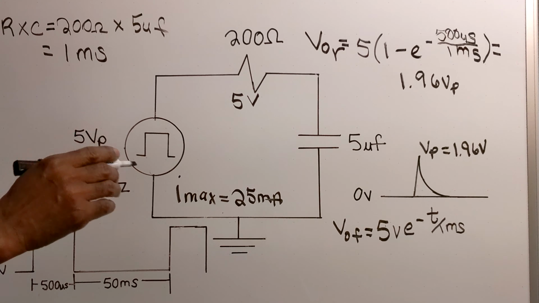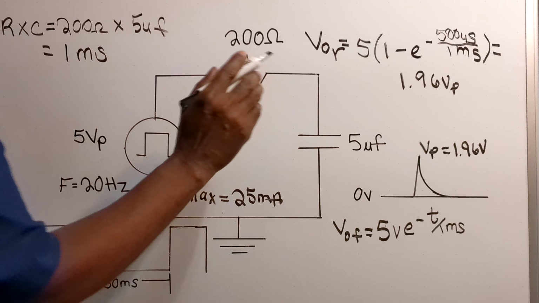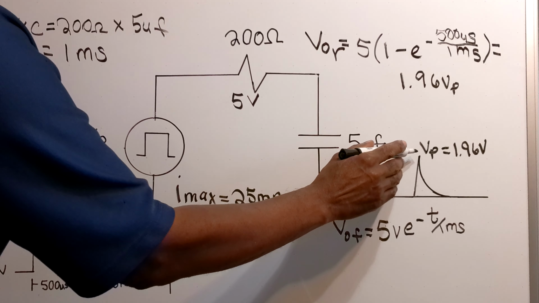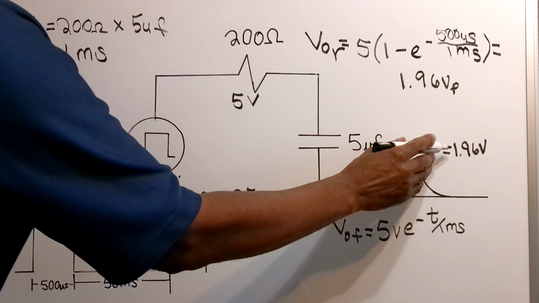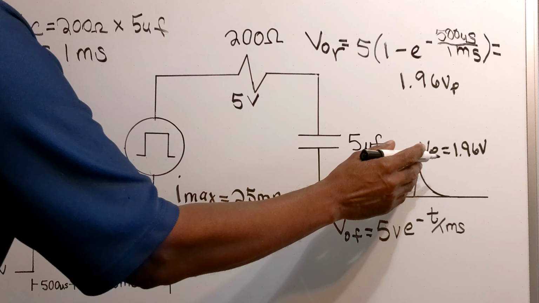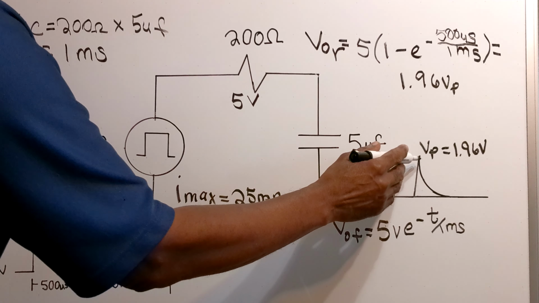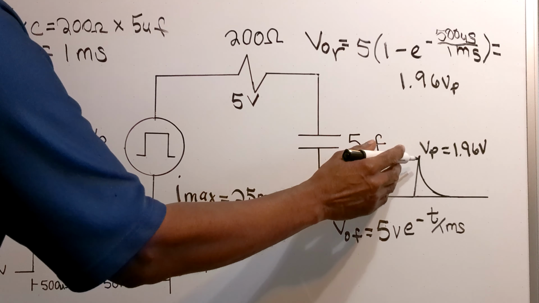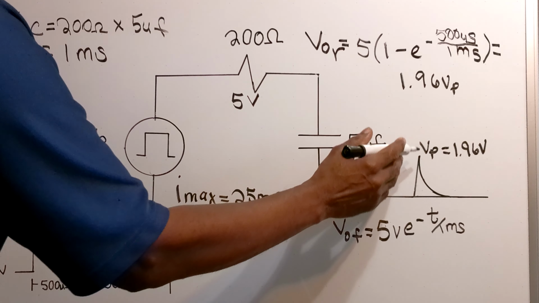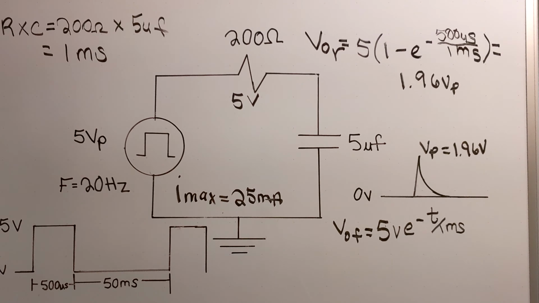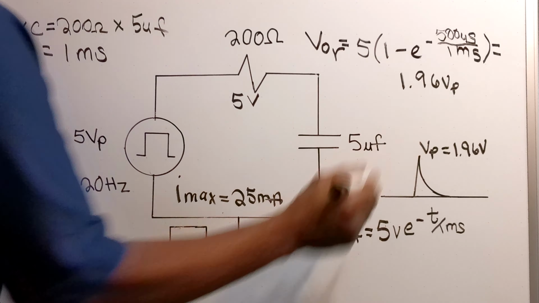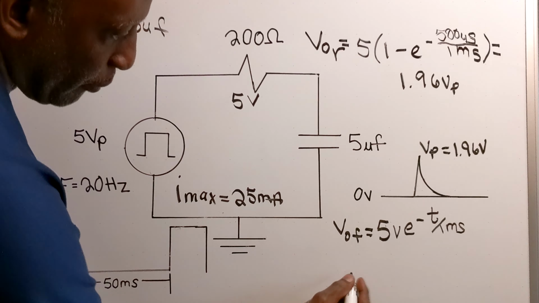So what you have to do is you have to find at what time that 1.96 volts would occur if this voltage actually went up to 5 volts. And the way how you find that time is to use this formula right here.